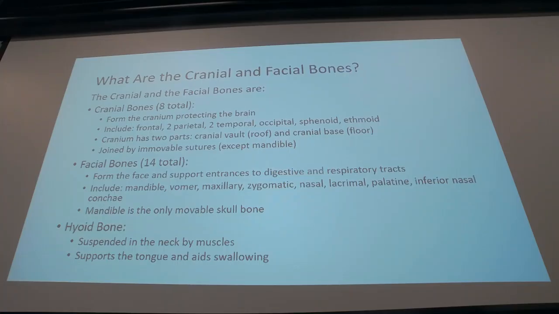Why do you think that is? Why do we only have this movable joint in the adults and the rest is sealed? So why is this articulation between the mandible and the temporal bone movable and the rest immovable?